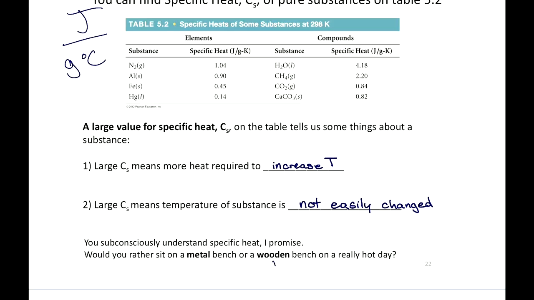Wood, yes, wood has the larger specific heat, because that substance, the temperature is not easily changed. So metal here, aluminum, has a specific heat of about 0.9. I think wood has a specific heat of something like 2.6 joule per gram degrees Celsius. So almost double, more than double.